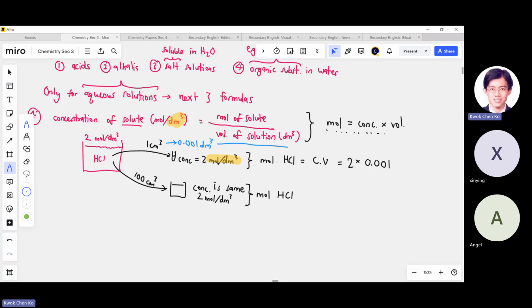Of course, this value gets substituted here. If I work this out, how many moles of HCl do I have? 0.002.